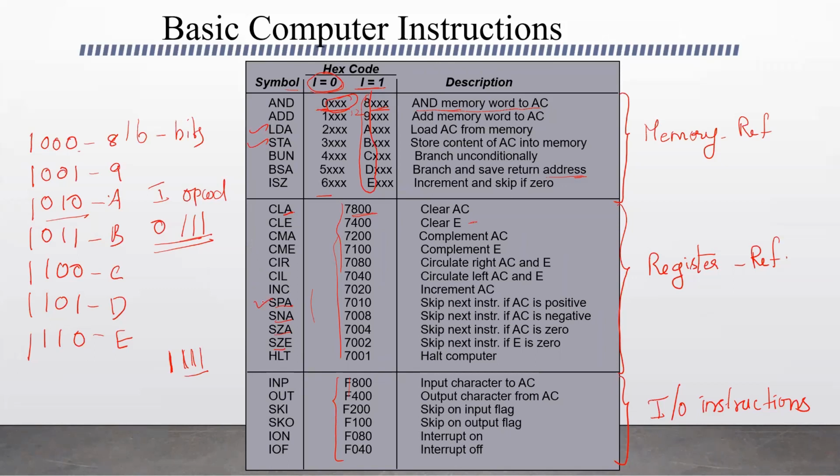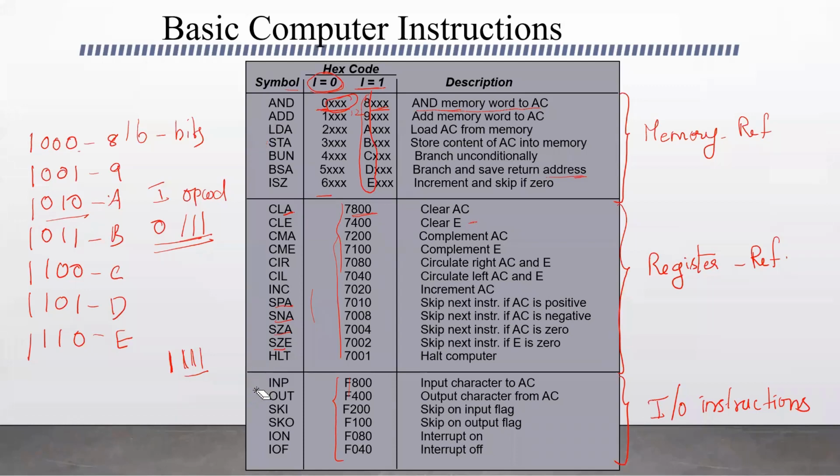Okay, sorry, here it is not for loading. Here it is to move input character to AC and output character from AC, correct? Okay, so these are all the instructions that are used for transfer of information, correct? Transfer of information between memory and registers.